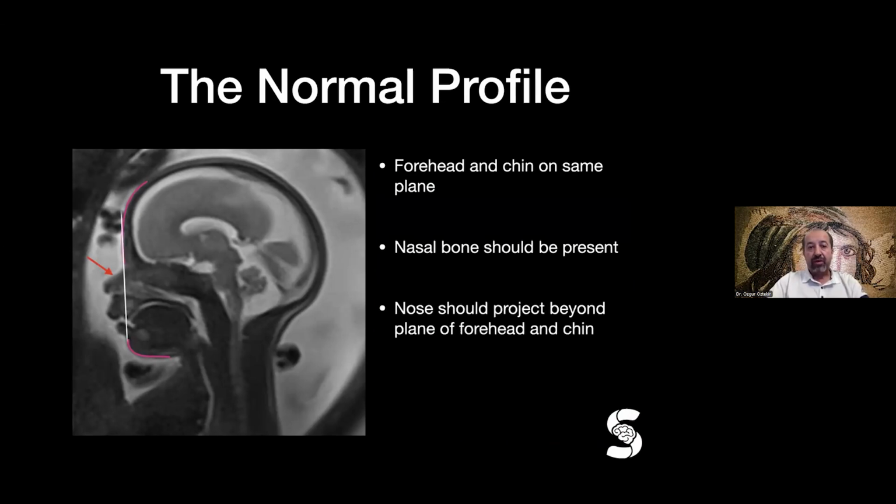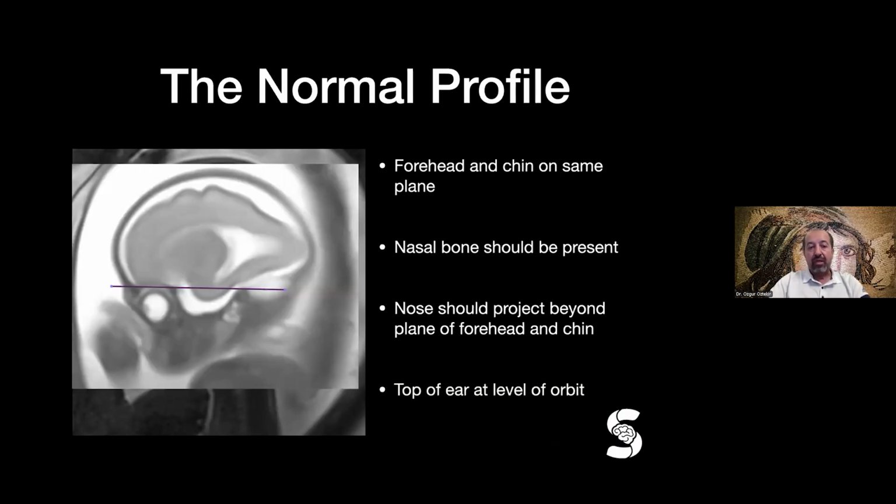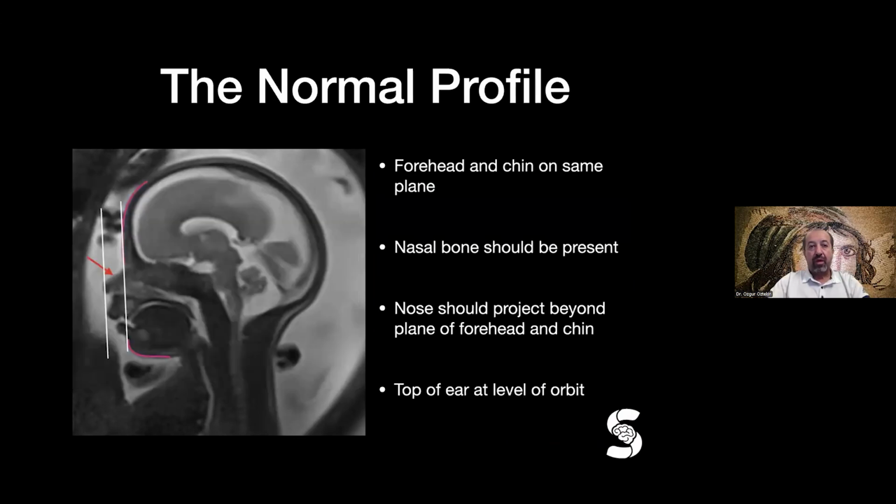The top of the ear should always be above, in the same line with the orbit. The upper and lower lips, the primary palate, and the secondary palate should be visible.